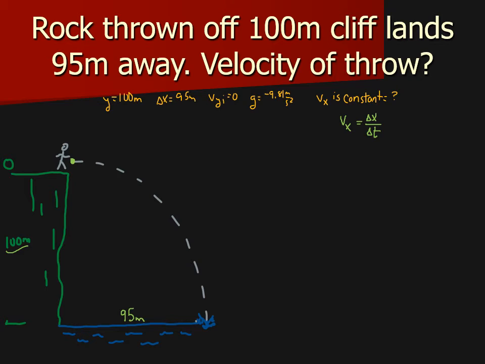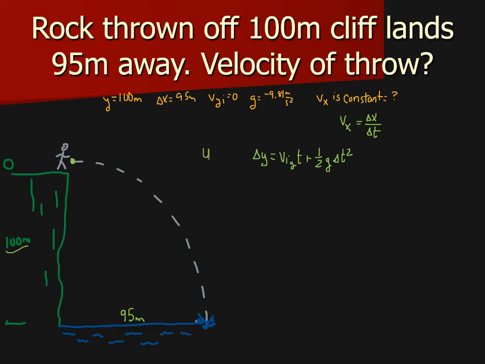Well, what else do I know? I know delta y, and I know that delta y is equal to the initial velocity in the y direction multiplied by the time, plus 1/2 gravity multiplied by the time squared.